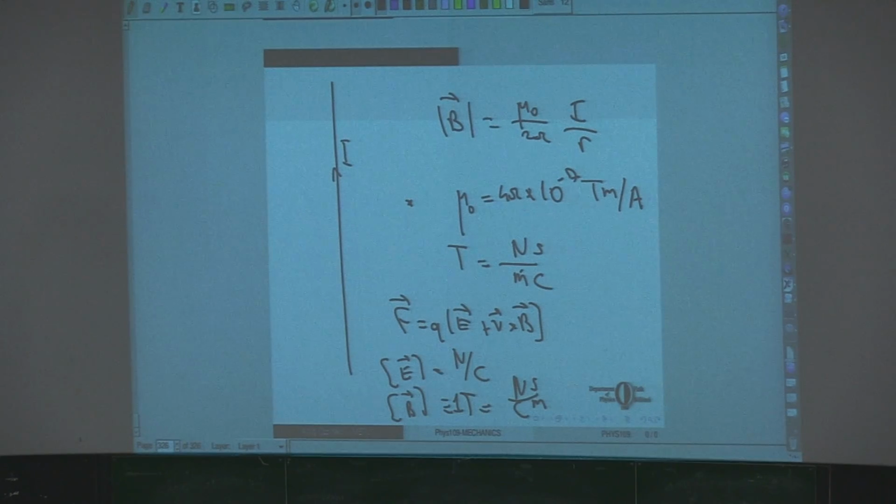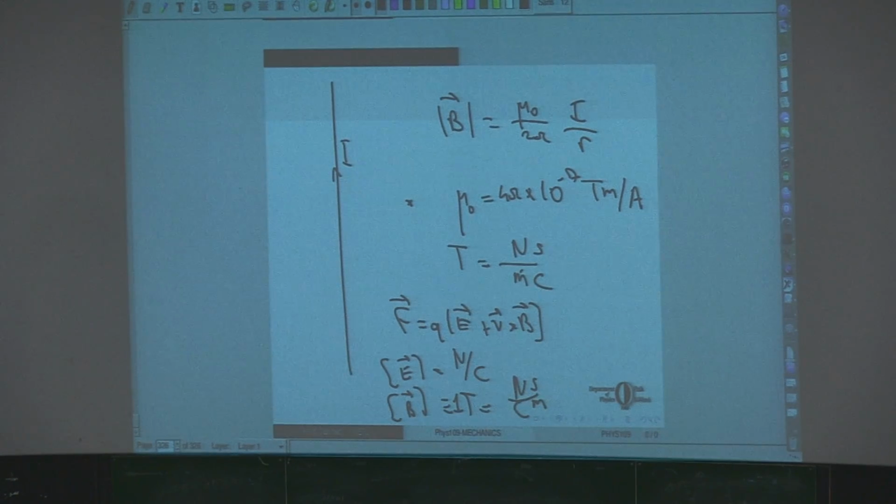So for example, if you are solving a problem, and you get a result in which you are adding something that has the units of Tesla with something that has the units of Newton, then you can tell just by looking at your result that what you have done is wrong. You should always check your results for their consistencies. You cannot add quantities of different units. So it's important to know how the different units are related to each other.